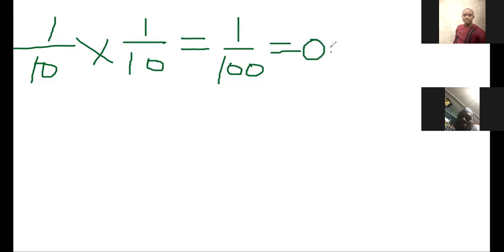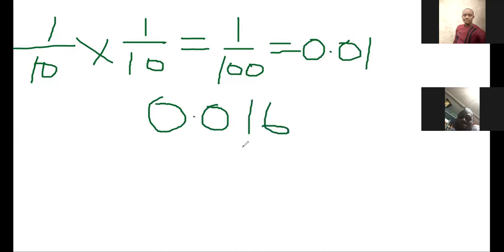Are you with me? So 1 divided by 100 is what? 0.01. Now, let's say I have it as 0.016. This fourth value is called 1 pip again.